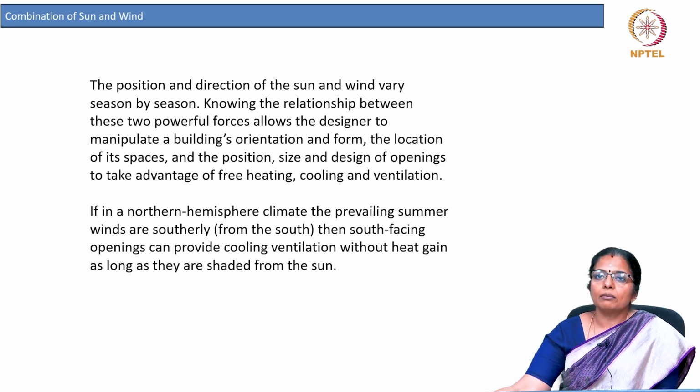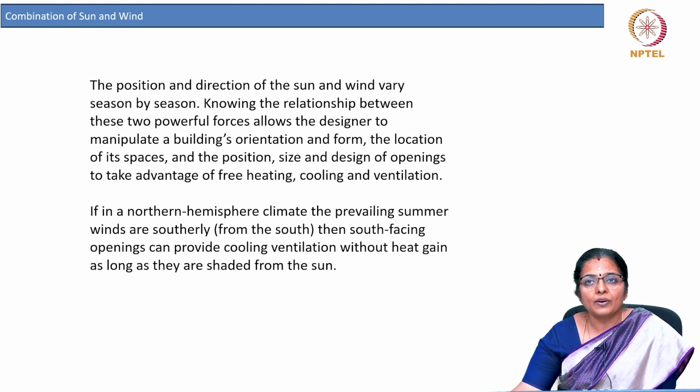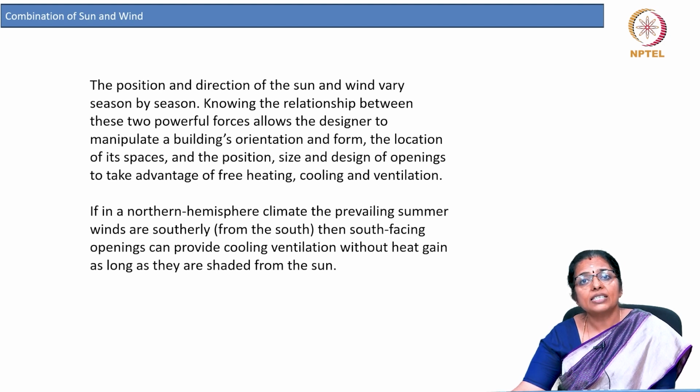If in a northern hemisphere climate, the prevailing summer winds are southerly, that is from the south, then south facing openings can provide cooling ventilation without heat gain as long as they are shaded from the sun.